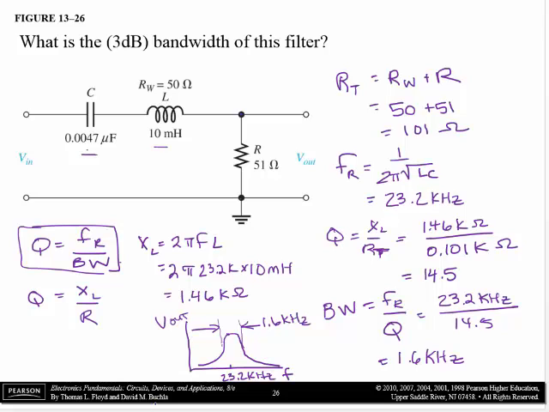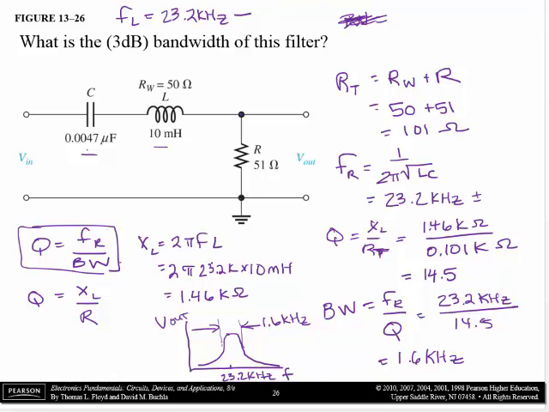And beyond 23.2 plus 1 point something, is that a half? I think that's a half. The bandwidth is going to be, actually the F low is going to be 23.2 kHz minus the bandwidth.